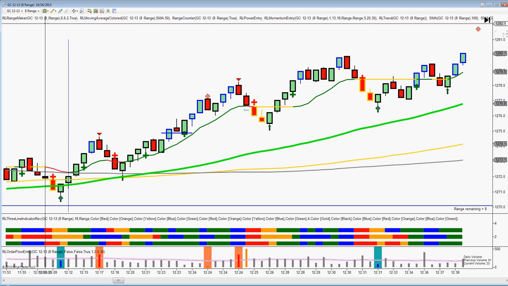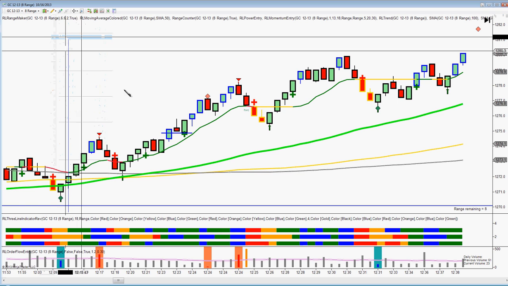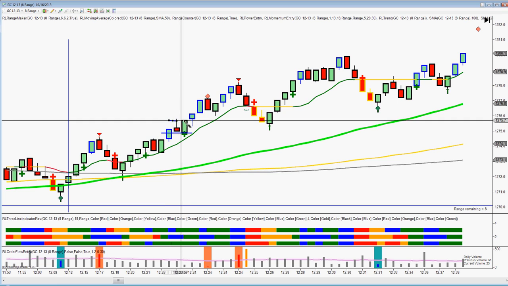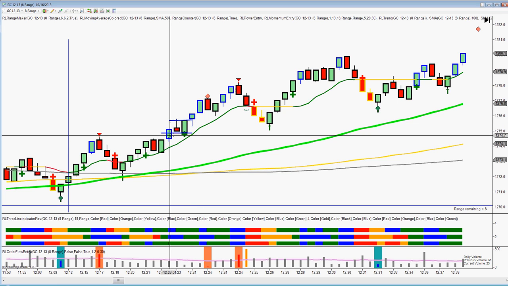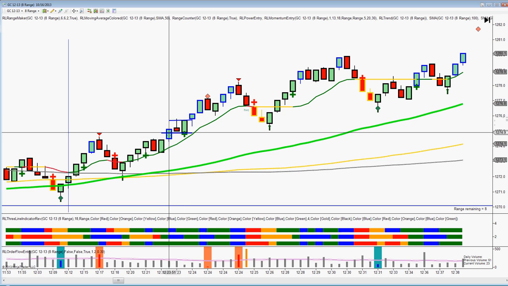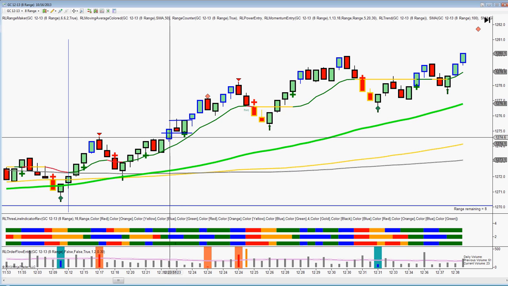We get an up candle, pullback candle, green candle validates the continuation of the move to the upside with the firing of a momentum signal closer to the 15.